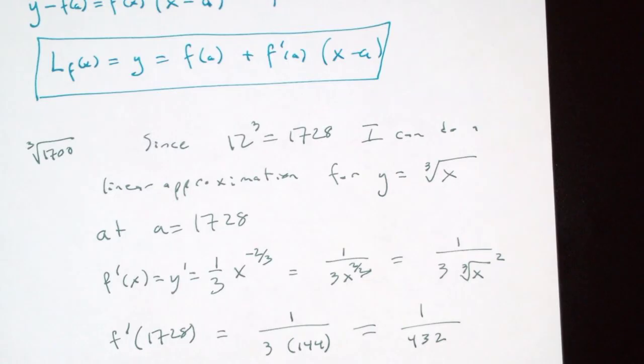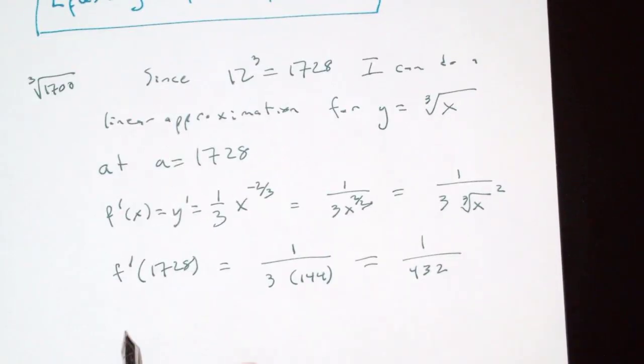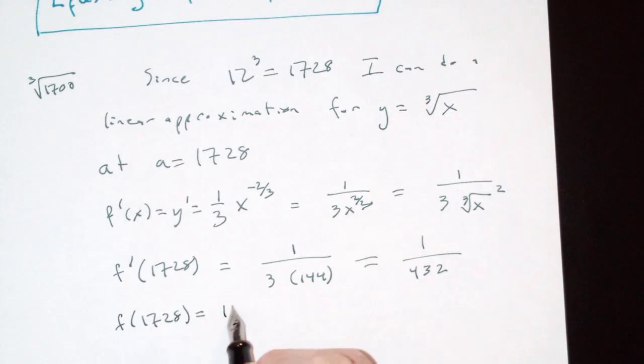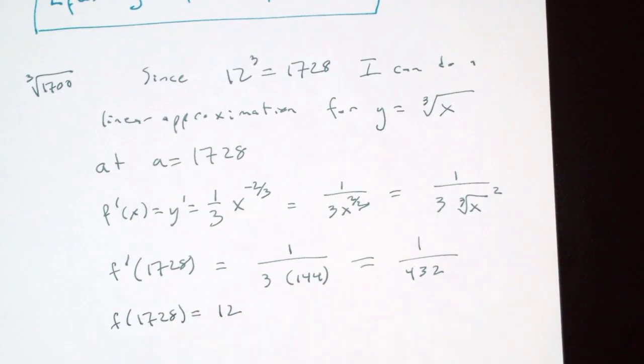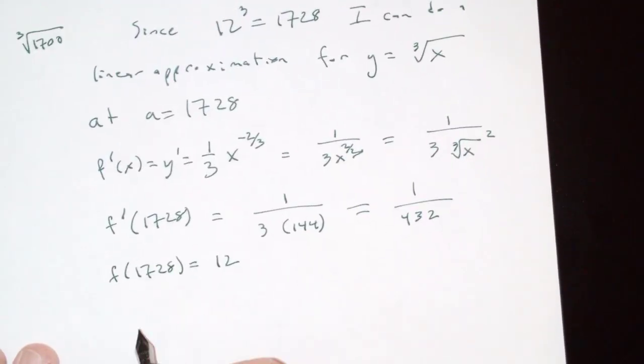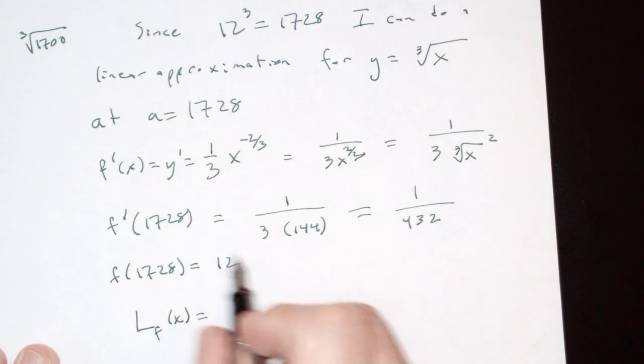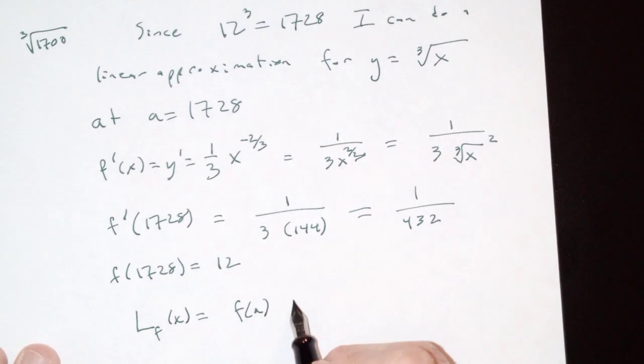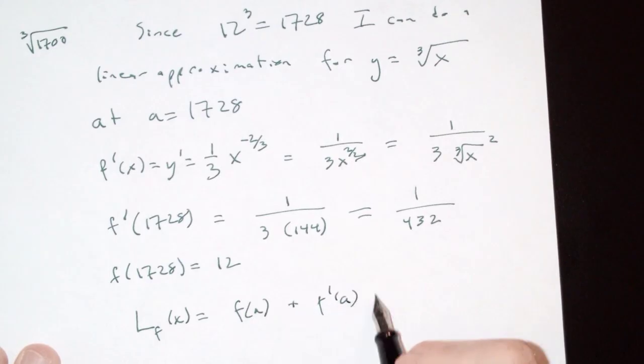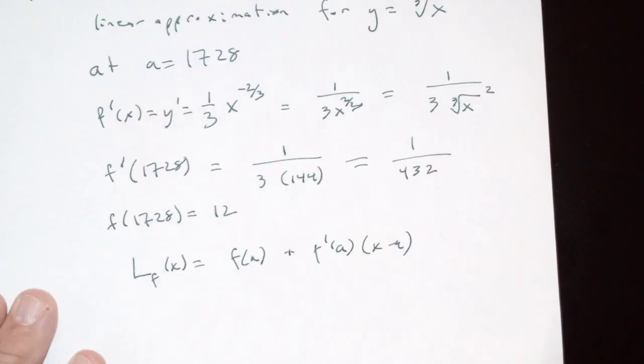But now I can plug in my numbers to the equation I want, because I know f of 1728 is 12. That's our cube root. I have my linear approximation is f of a plus f prime of a, x minus a.